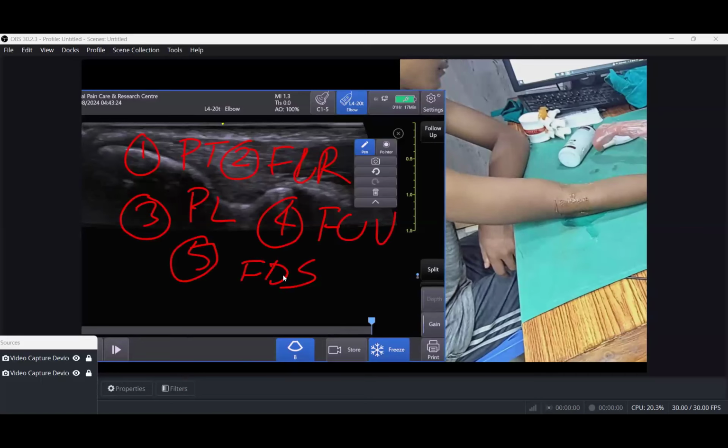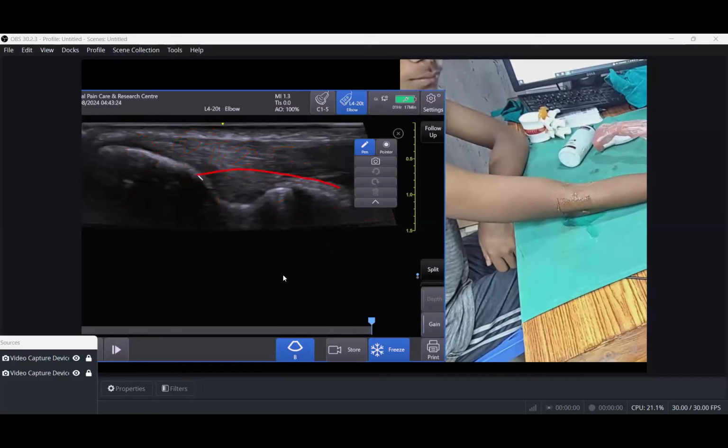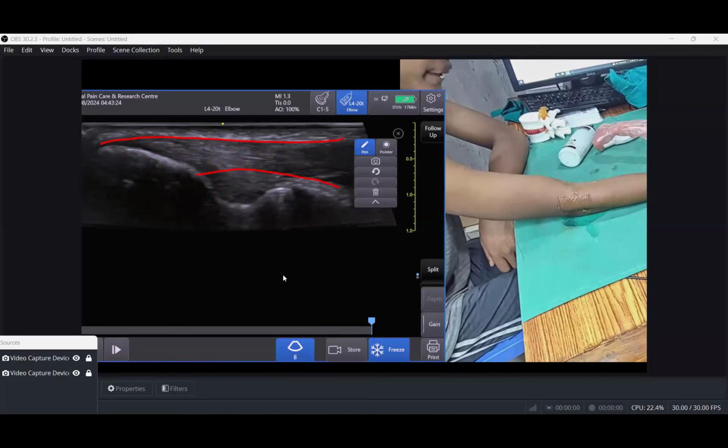These 5 tendons, pronator teres, flexor carpi radialis, palmaris longus, flexor carpi ulnaris, and flexor digitorum superficialis, merge together to form a common tendon, and it gets attached in a bird beak manner at the medial epicondyle.